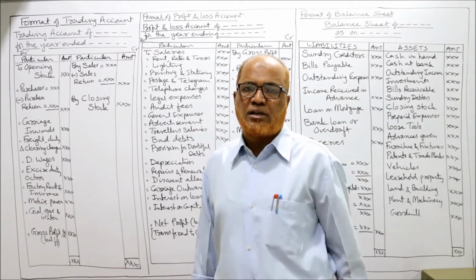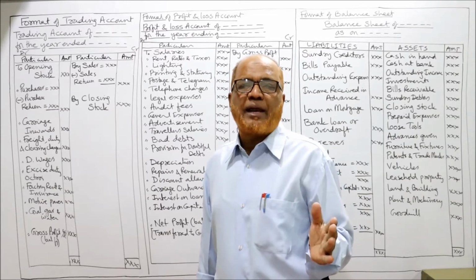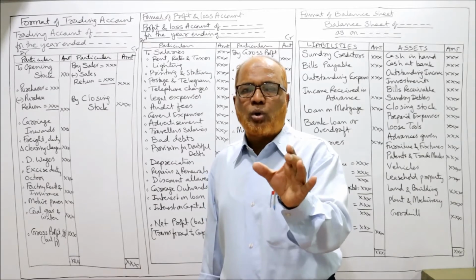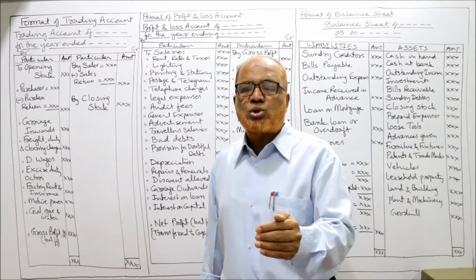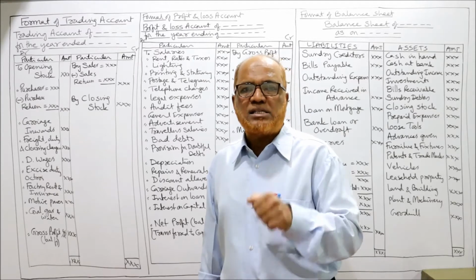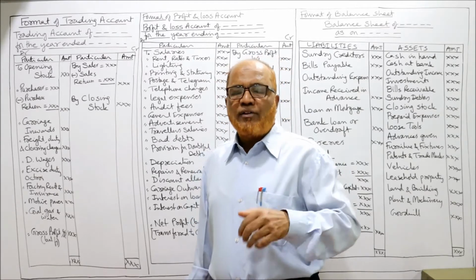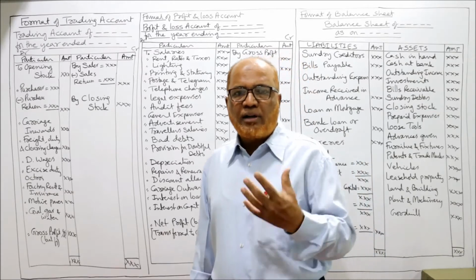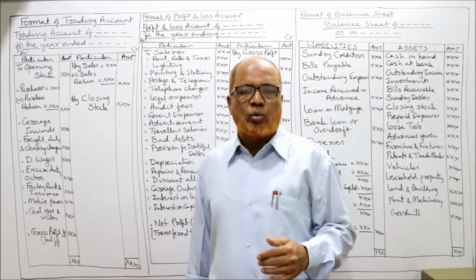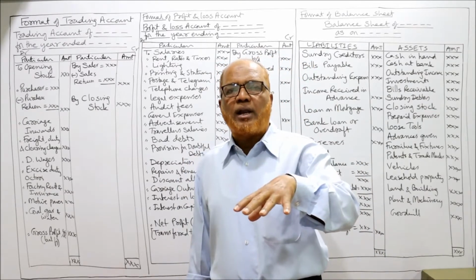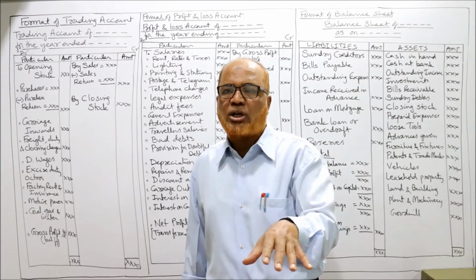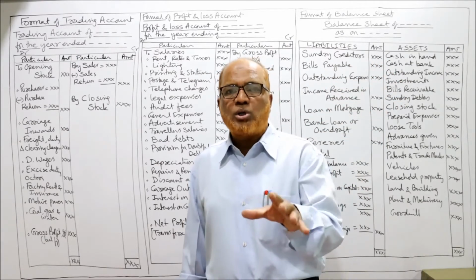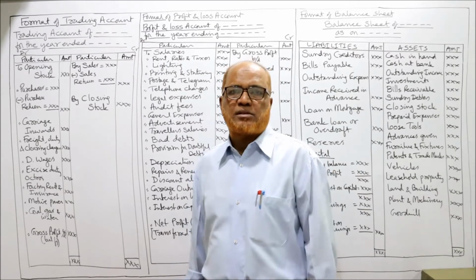You should know it. So in the previous video I have explained you, direct expenses are those expenses which are incurred to bring the goods to its present condition and situation. So if you are a trader, buying the goods and selling the goods, whatever expenditure you are incurring in bringing the goods to its present location and condition, those expenses are called direct expenses.